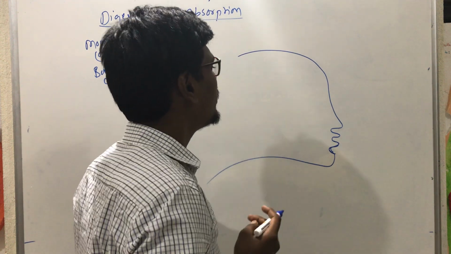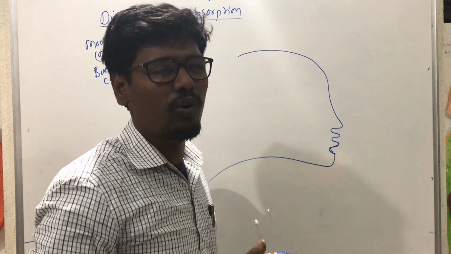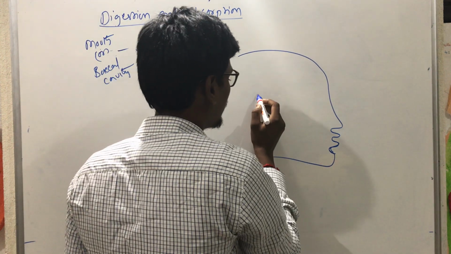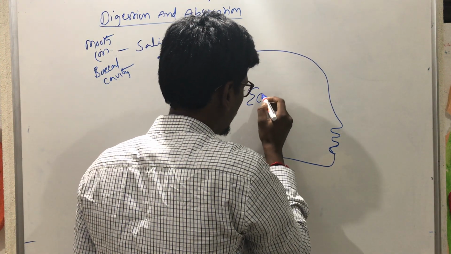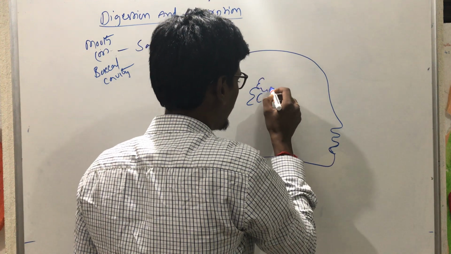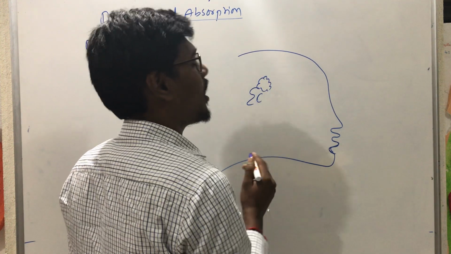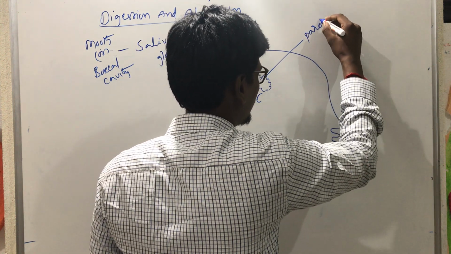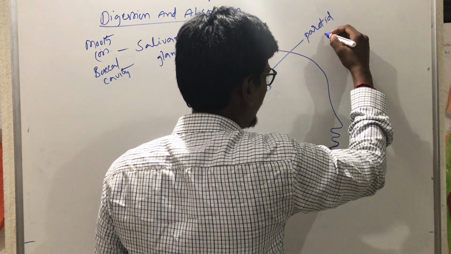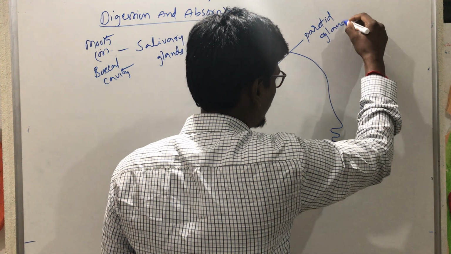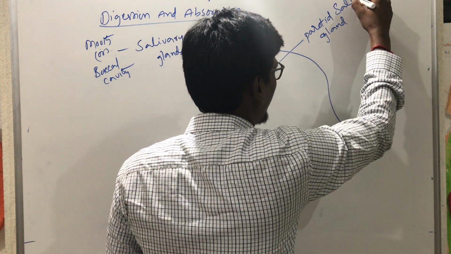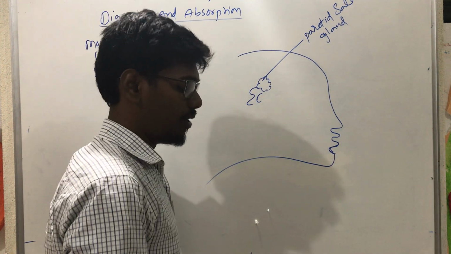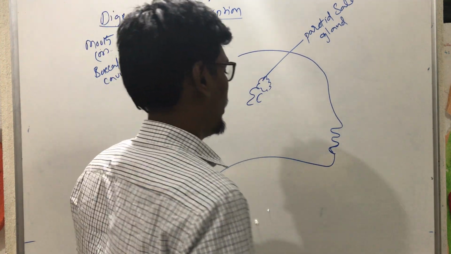The first saliva gland is found in the ear pinna. This gland is called the parotid saliva gland.